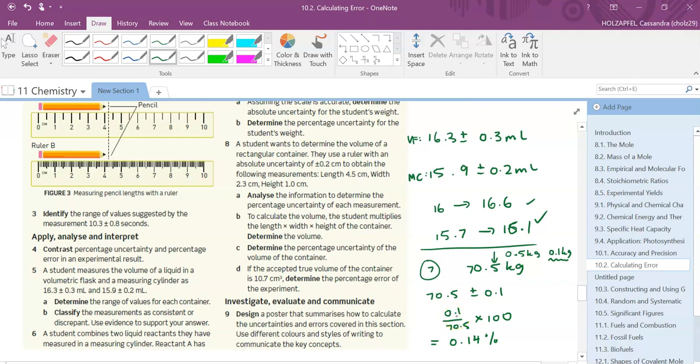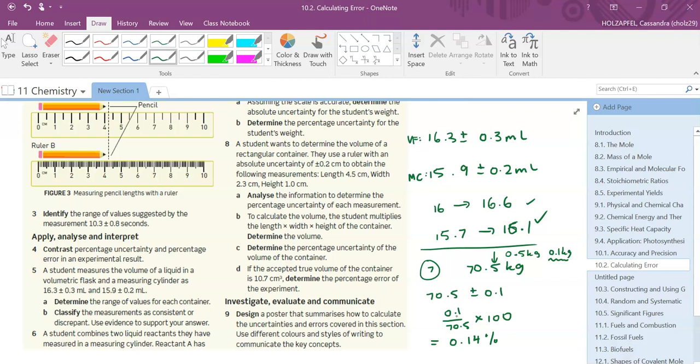Okay, next question. Question 8, a student wants to determine the volume of a rectangular container. They use a ruler with an absolute uncertainty of plus or minus 0.2, and they obtain the following measurements. Analyze the information to determine the percentage uncertainty. We've just done that, so you guys can go ahead and do that yourself. To calculate the volume, the student multiplies the length times the width times the height of the container.